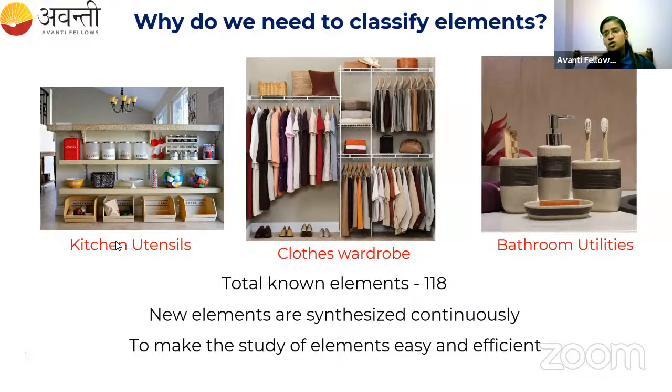Okay, so we do have many classifications. Many scientists like Lavoisier, Newlands, and Mendeleev, and some others also came up with their own ideas, and they have given their own laws. And according to the law, they have classified the known elements. For example, if I take Mendeleev, during Mendeleev's period, only 63 elements were discovered.